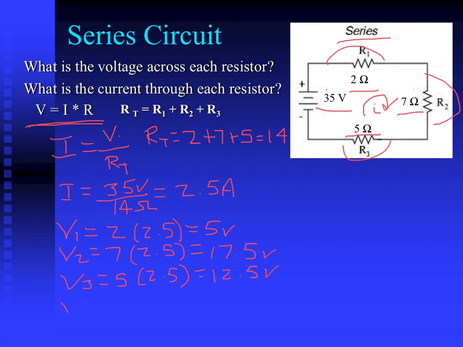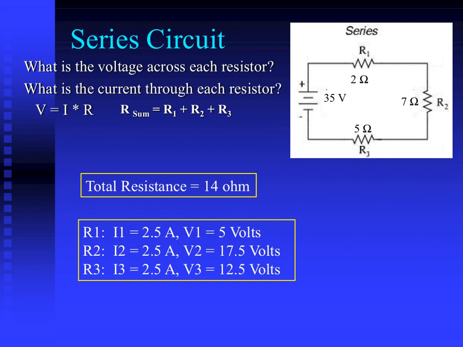So the total voltage, V sub T, equals 5 volts plus 17.5 plus 12.5, and lo and behold, that equals 35 volts. So everything checks out, as shown in this slide here.